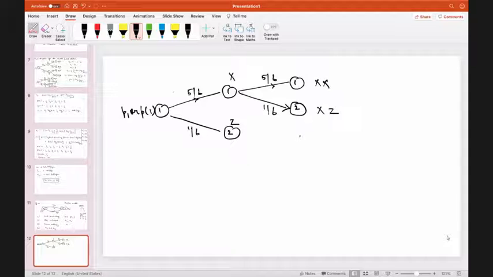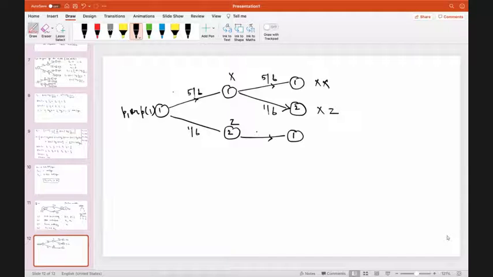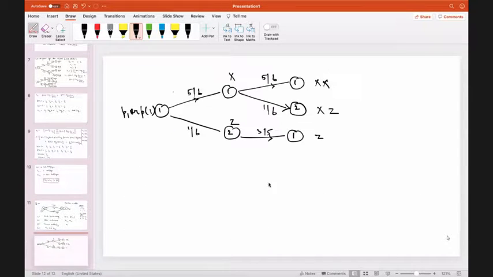Okay. Now you are at 2, so you could go to 1, and that is, I think, 3 by 5. Yeah, it's 3 by 5. So this is going to be 3 by 5, and then Z was already there, and then another Z is emitted, so you will get ZZ.